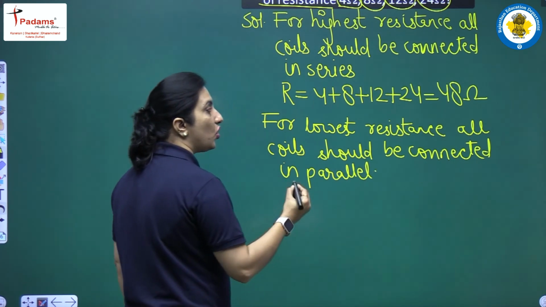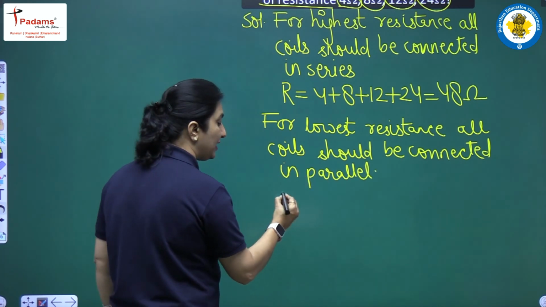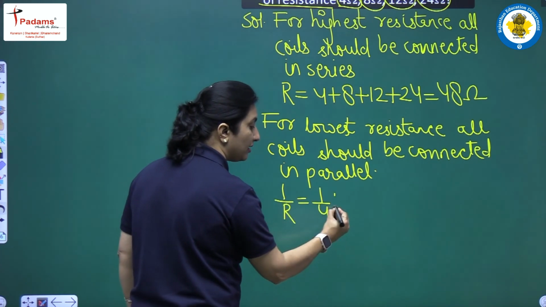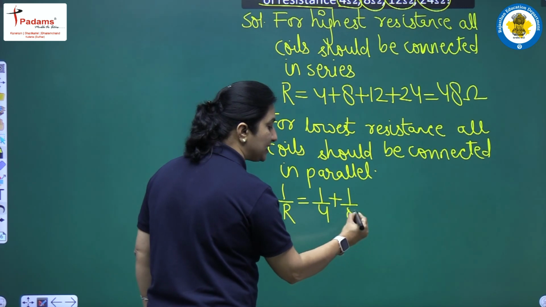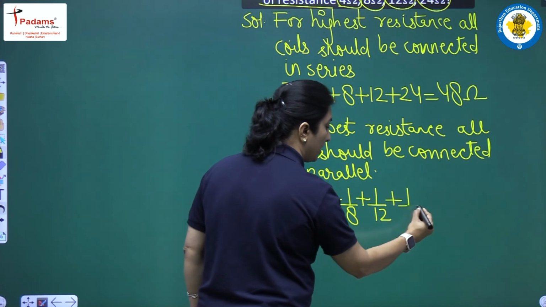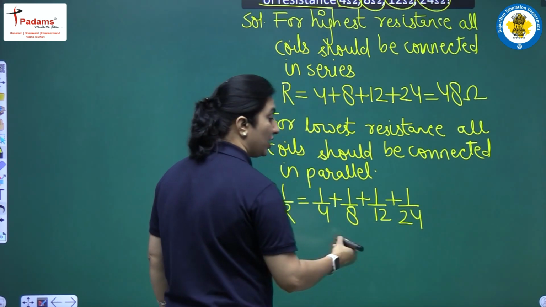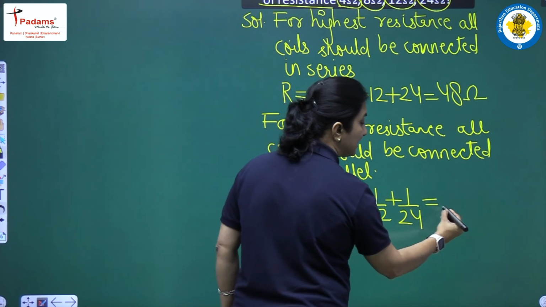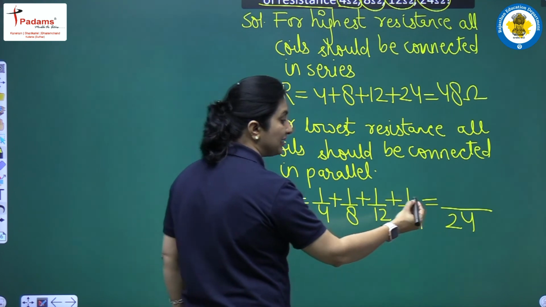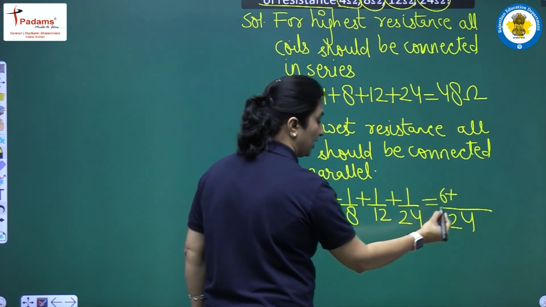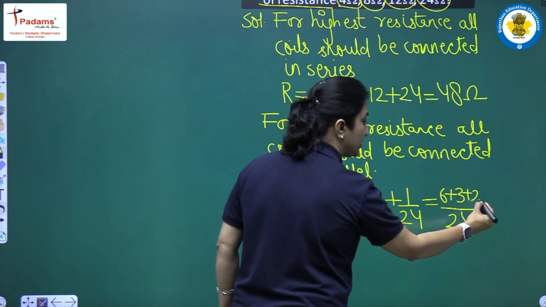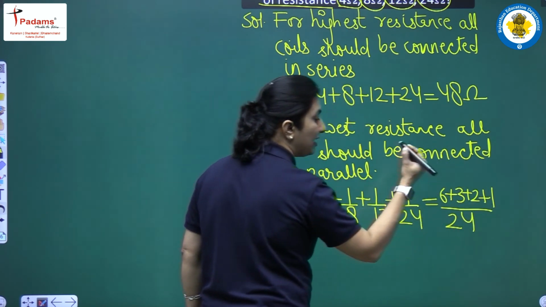So if I connect all the 4 in parallel, then the equivalent resistance will be equal to 1 upon 4 plus 1 upon 8 plus 1 upon 12 plus 1 upon 24. Now the LCM can be taken as 24. Now 4 6s are 24, 8 3s are 24, 12 2s are 24 and 24 1s are 24.